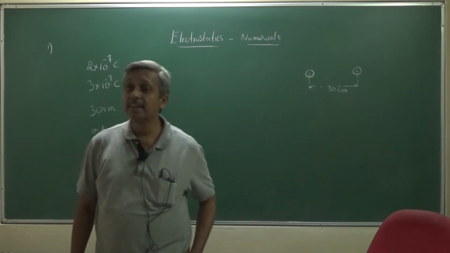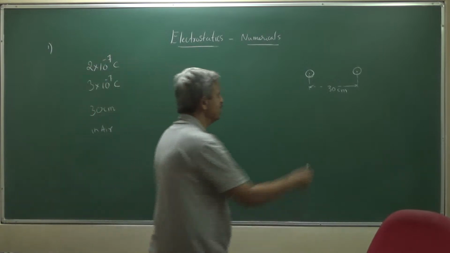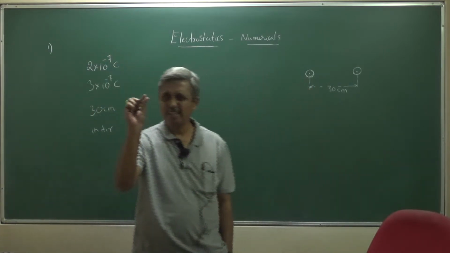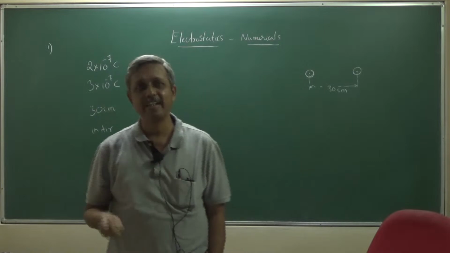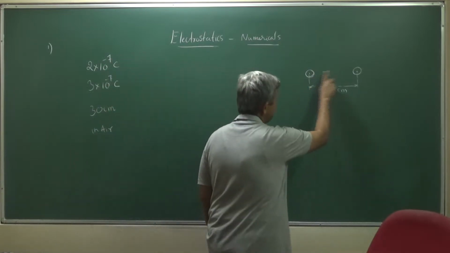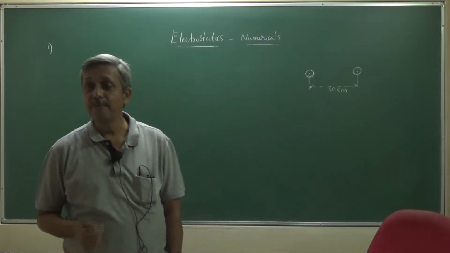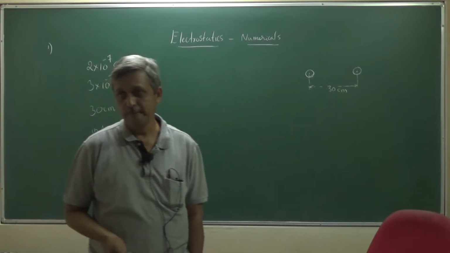The reason they use the word small is because the radius is negligible. They are very small, very thin spheres with negligible radius. We don't have to worry about how far it is from here to here, because the radius is negligible. And they have given charges on each one of them.